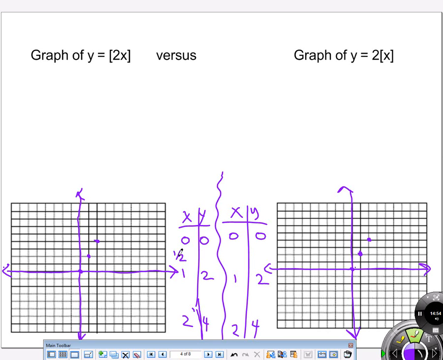So in this function, when I plug in 1/2, I get 1. So at 1/2, I have this point at 1. When I plug in 1.5, 1.5 times 2 would be 3. Then when I round that, it's just going to stay 3. So at 1.5, I'm getting 3.